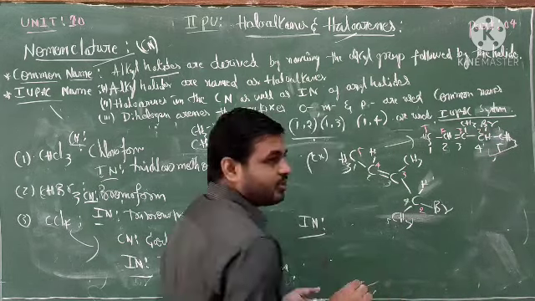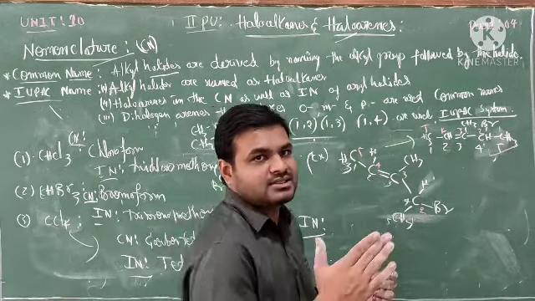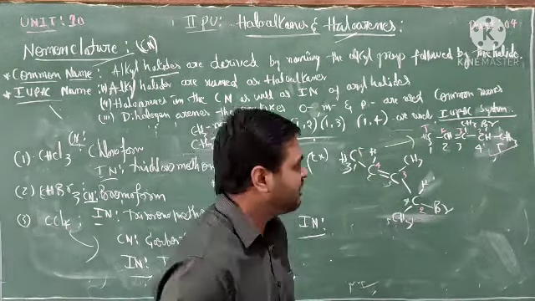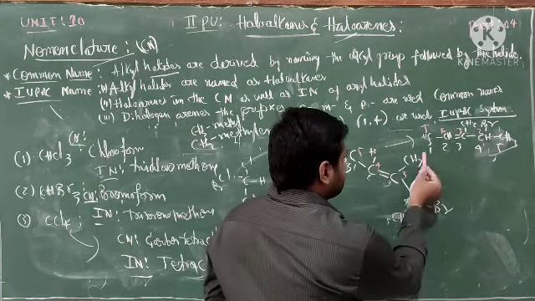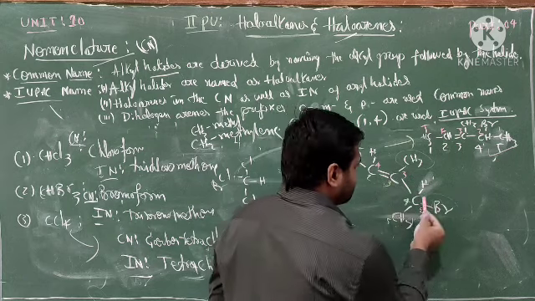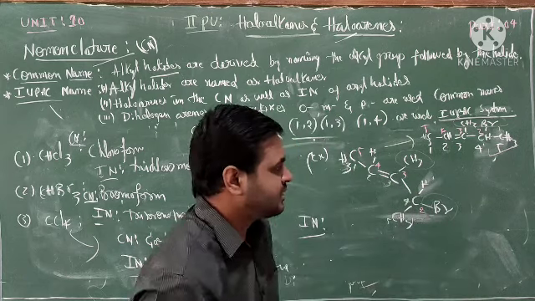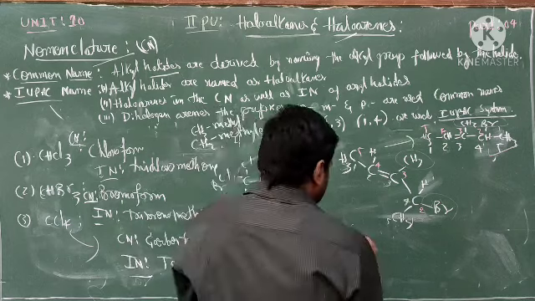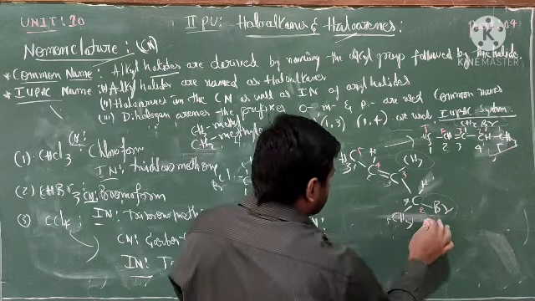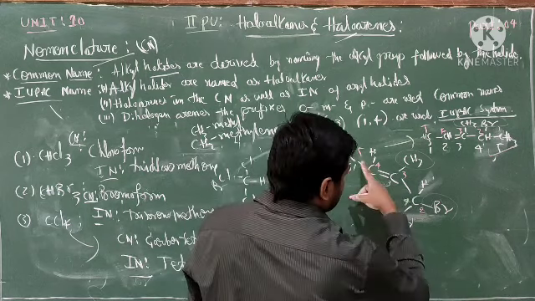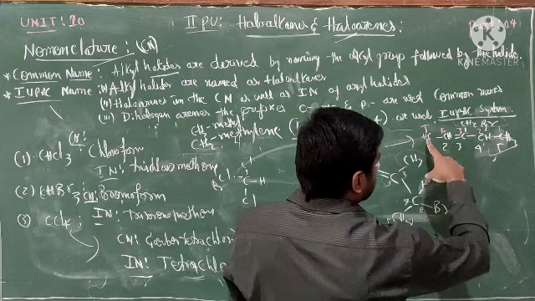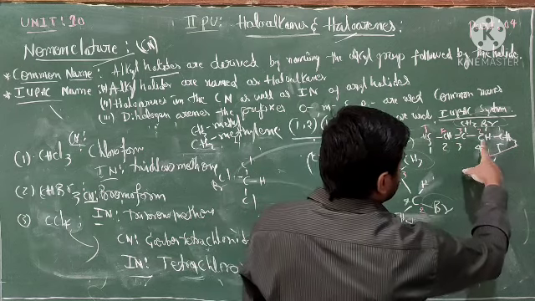So one more point. How many substituent groups are present in this molecule? This is a substituent group. This is a substituent group. 2 substituent groups are present. So first write the substituent groups. 4-bromo. 1, 2, 3, 4.